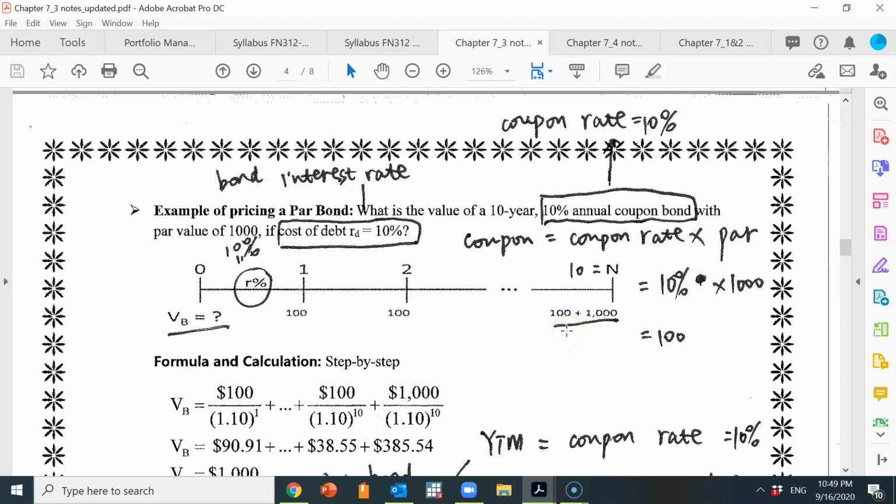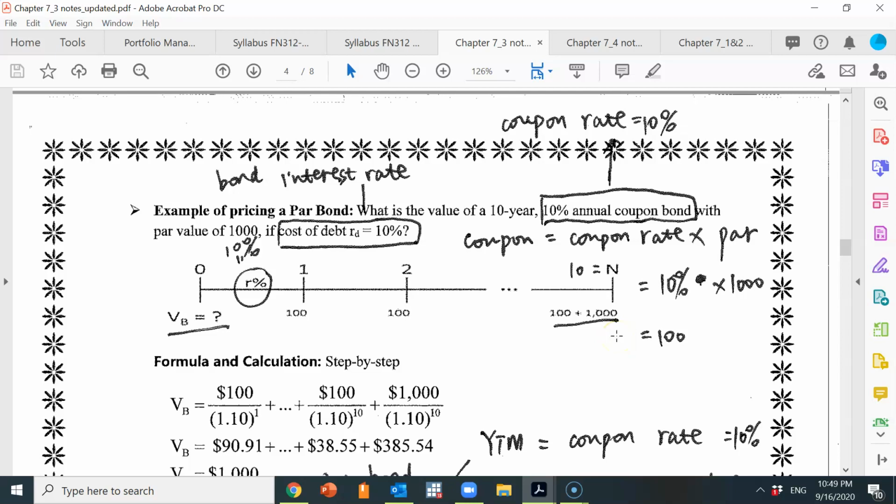This is an ordinary annuity. Each payment is 100, and the interest rate for the bond is 10%. Besides the 10 100s, we also receive 1,000 as par value at maturity date, at the end of the 10th year.